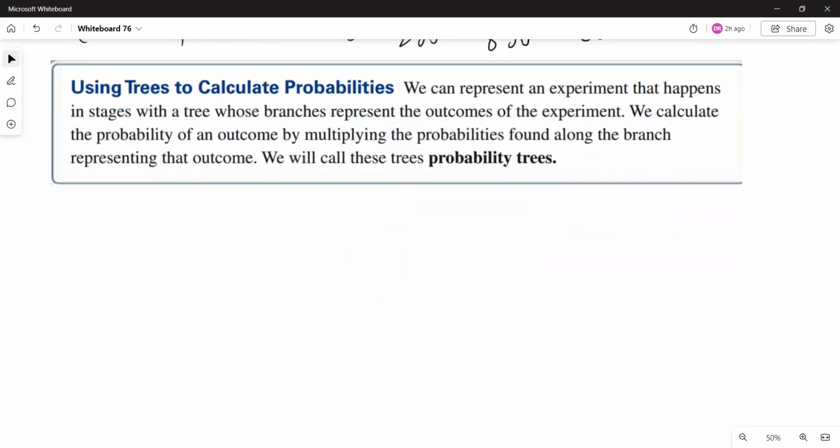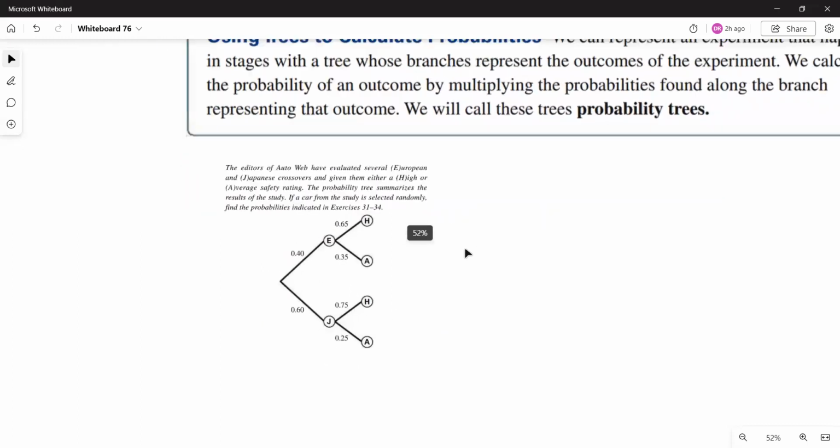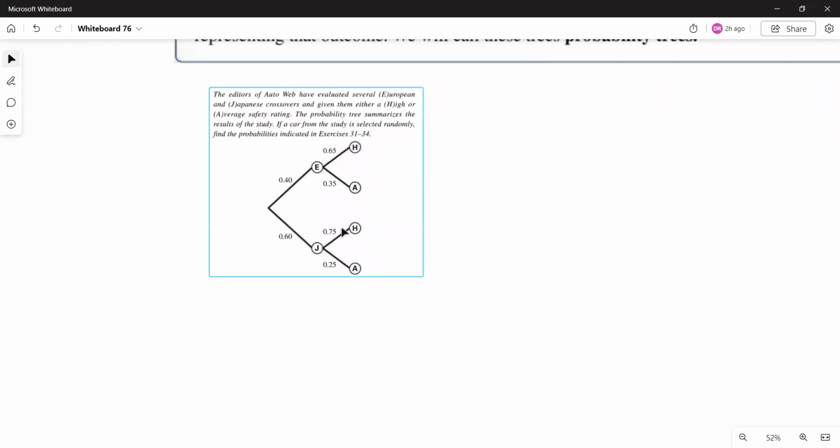If this doesn't tell you anything, I'm going to show you this example to make it clearer. Okay, so I'm going to copy the following probability tree on page 698, and I'll tell you what this means.